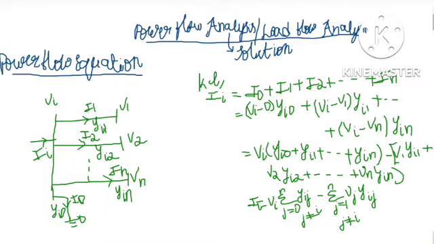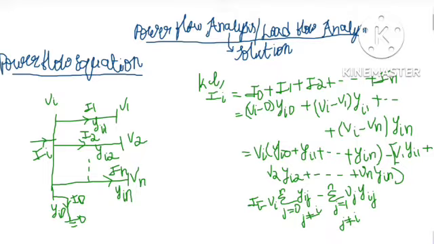Then we have one more bus, V2. The current across this is I2, and the admittance is yi2. Similarly, and so on, we have n number of buses.